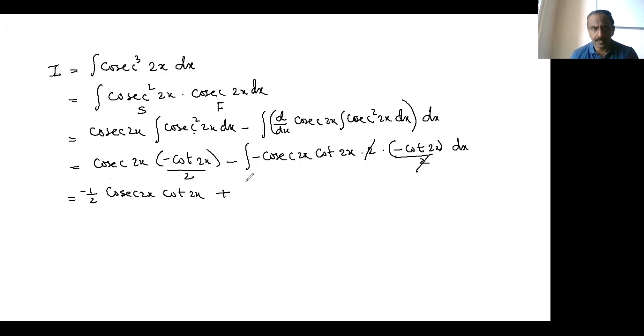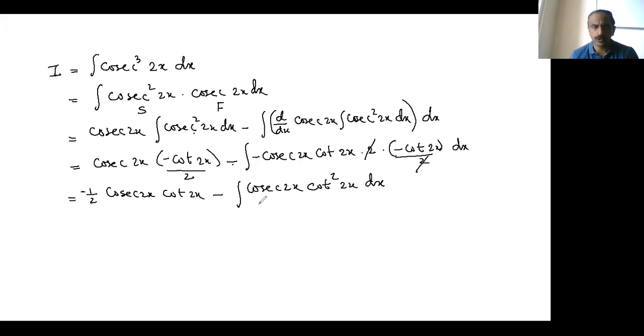plus integral of minus, so it becomes minus, integral cosec 2x into cot square 2x. Remember, this problem is an I method. So I need to bring back to cosec cube 2x.